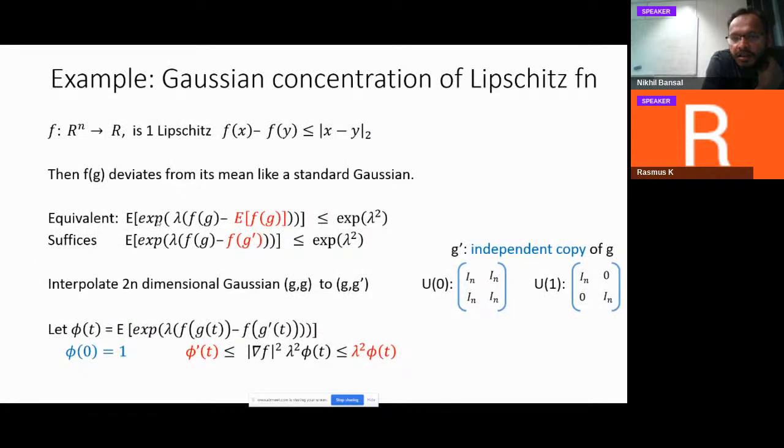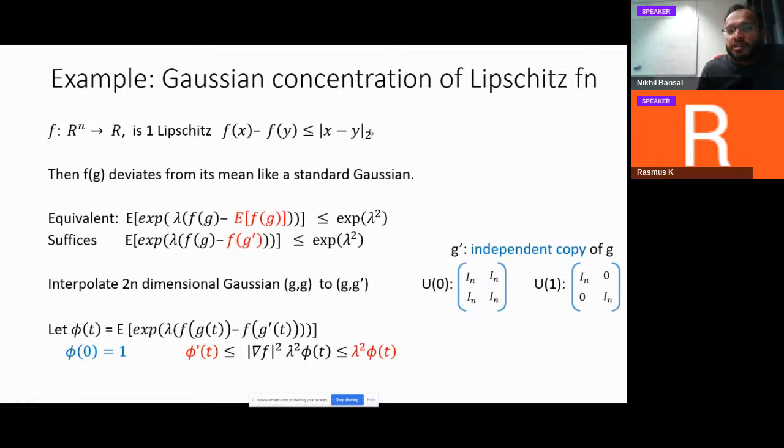So let me describe a couple more examples. Maybe I'll skip the second in the interest of time. You can prove all kinds of things, and Talagrand's book on spin glasses has lots of very nice examples. One which I particularly like is this very famous result about Gaussian concentration of Lipschitz functions. Let's say you have some function which is 1-Lipschitz, so |f(x) - f(y)| is at most the L2 distance between x and y.